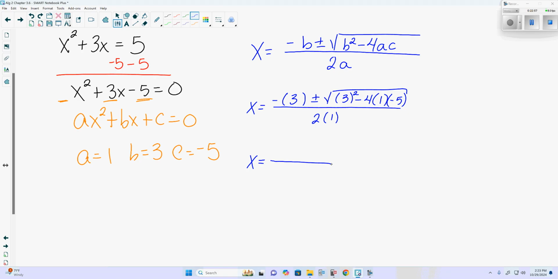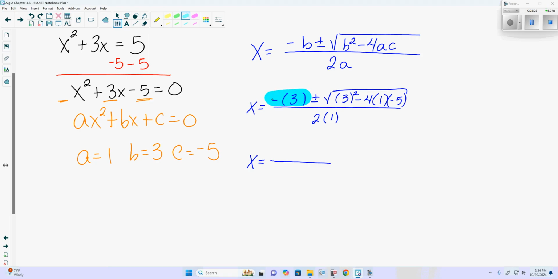Really, all we've done is what? Take a, b, and c and plug it in for what? a, b, c, yes? We feel comfortable with this so far? Okay. Now we need to simplify. So the first thing we're going to simplify is negative, parentheses 3, close parentheses. Let's get a highlighter. This part right here.